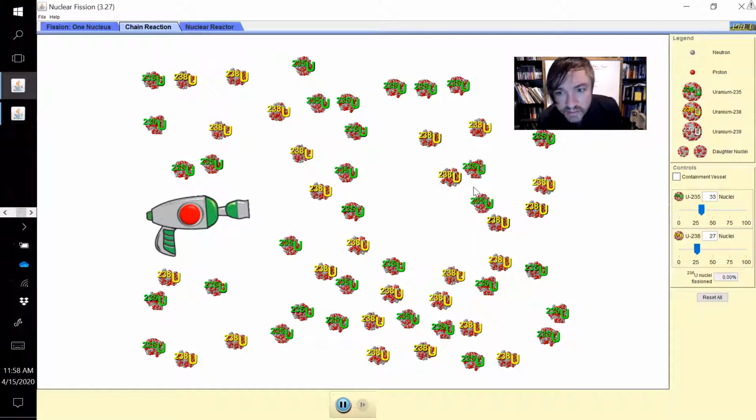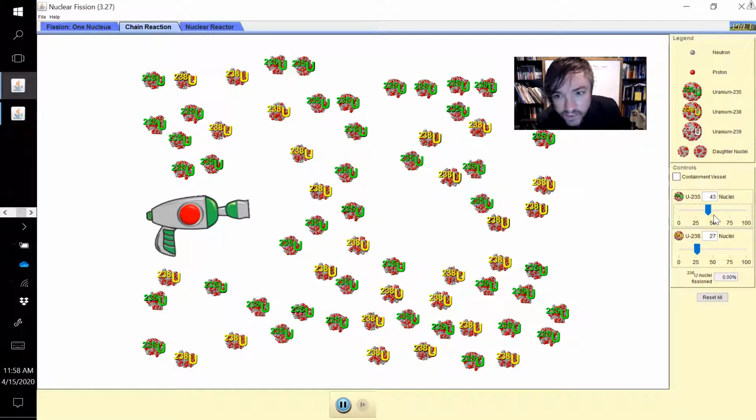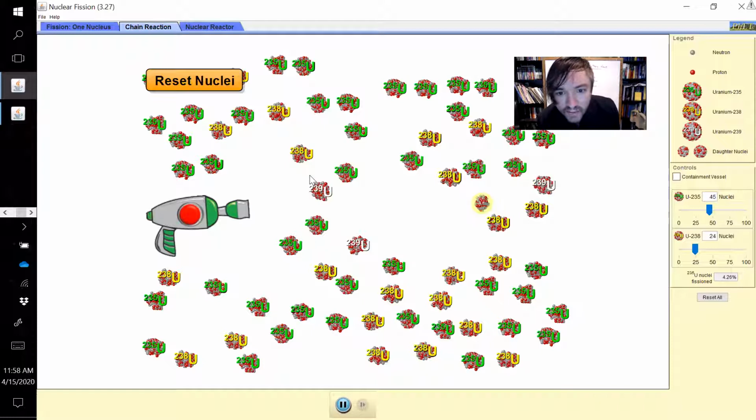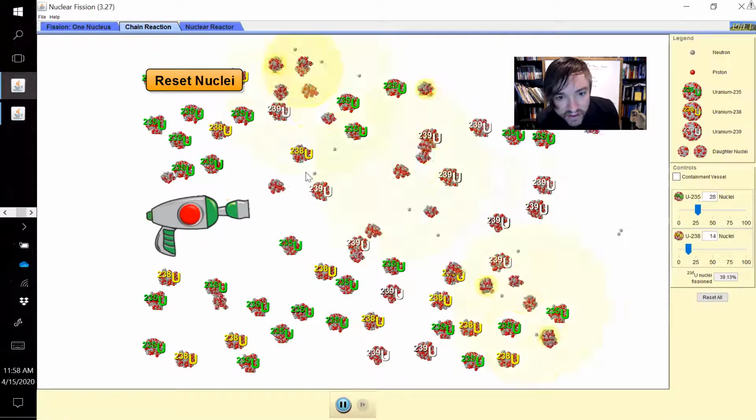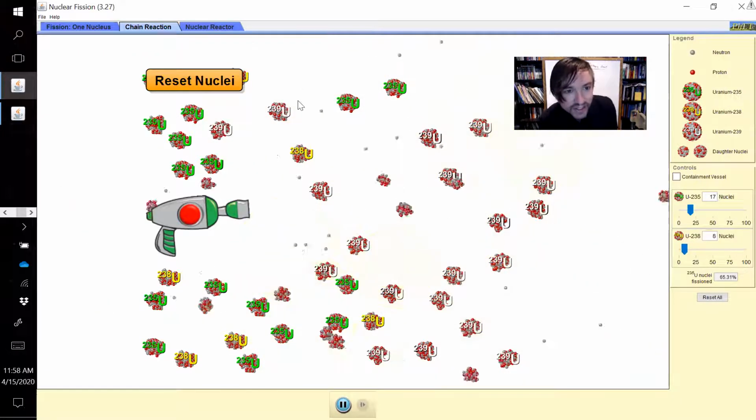U-238 is much more stable than U-235. So if you weight this with a lot of extra U-235 atoms, you can get them to, well, actually this is the secret to how we, like Homer Simpson runs a, there we go, there's a nice little chain reaction.